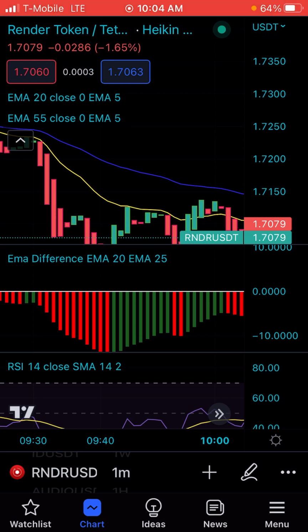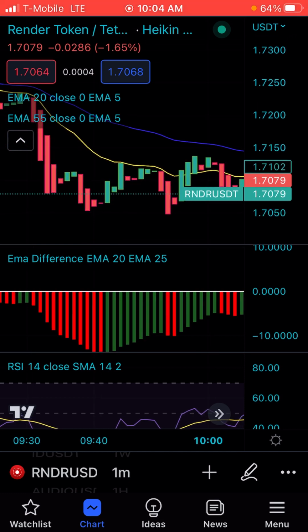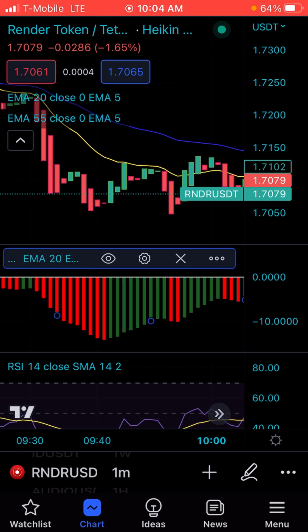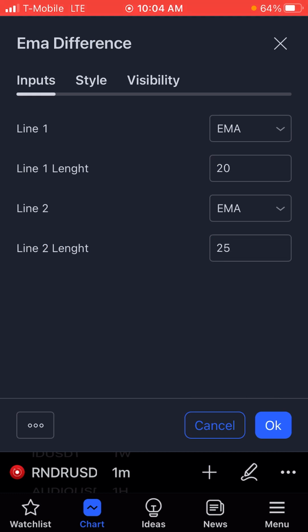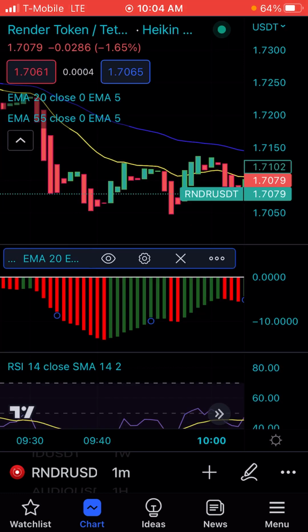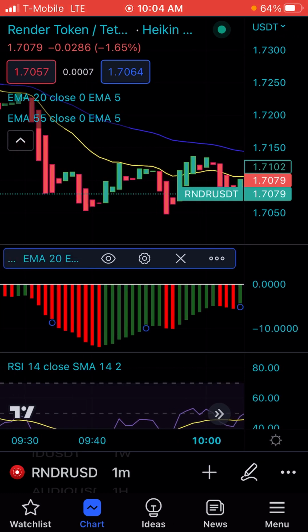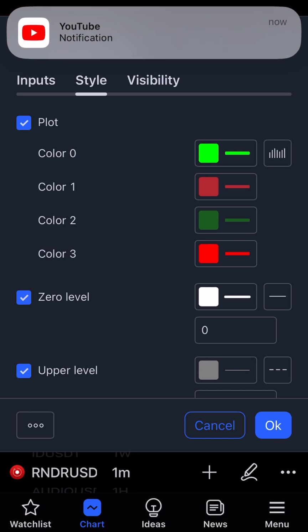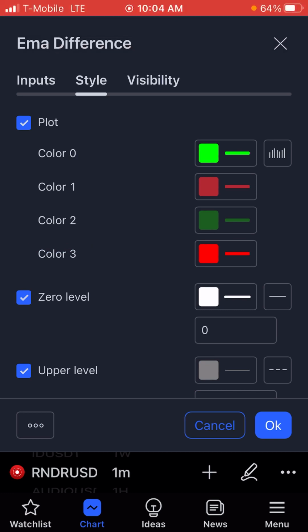So you have to have the 20 moving average and the 55 moving average for this top part. And the second one, I have the EMA difference. You've got to change your inputs to 20 and 55. And what I also did is I changed the colors, because you want to make it so you'll know if something's going to be going down or up.